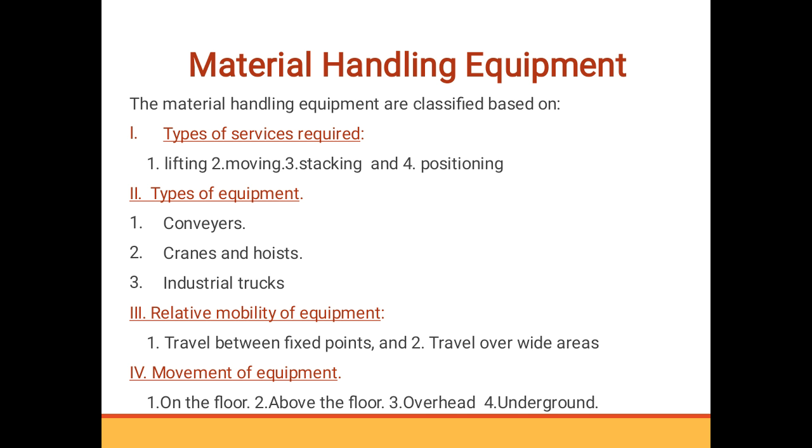If we consider the types of equipment, these are conveyors, cranes and hoists, that is overhead cranes, and industrial trucks, that is forklifts. Next is the relative mobility of equipment, that is travel between fixed points and travel over wide areas. Last is the movement of equipment, that is whether it is on the floor, above the floor, overhead or underground. So these are the types of material handling system.